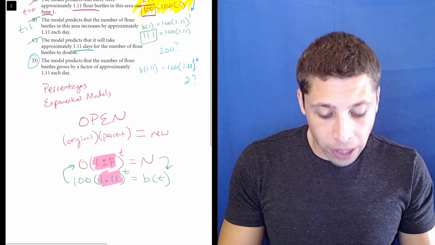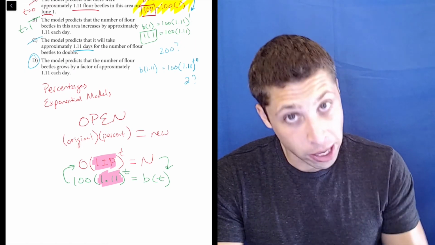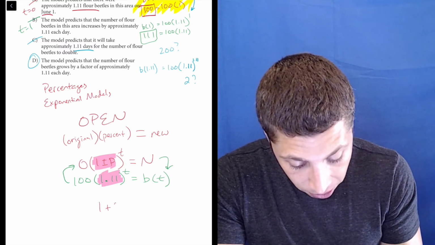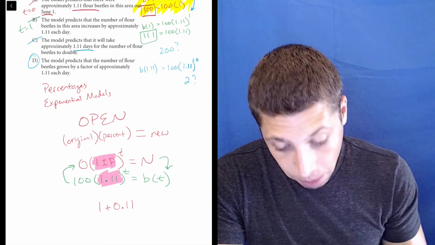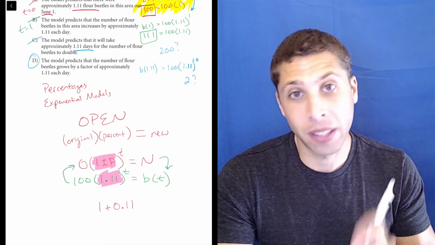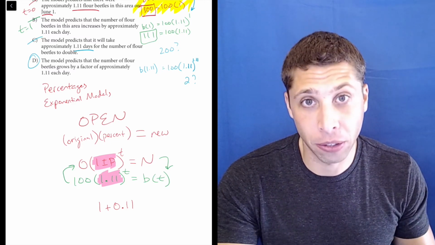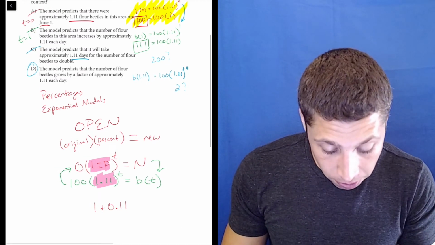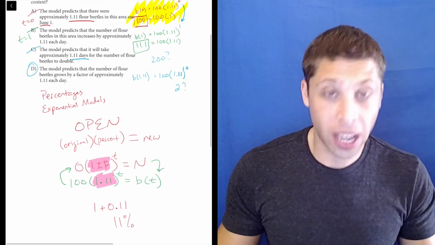Well, it's showing us that if we subtracted that 1 out, we would really have had 1 plus 0.11. That is a representation of how this population of beetles is growing. So it's an increase of 11%.